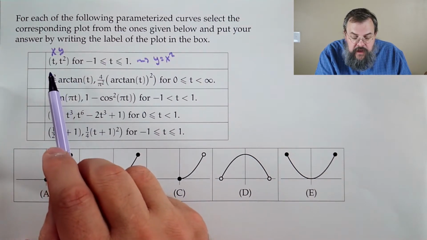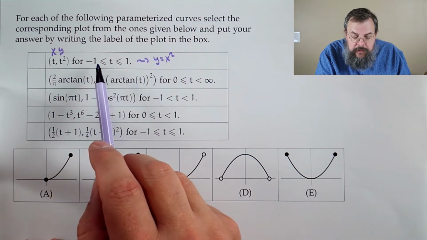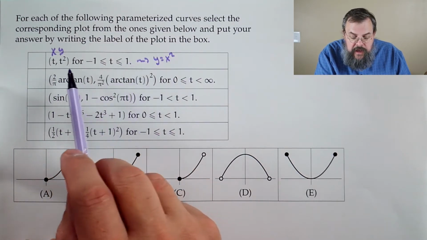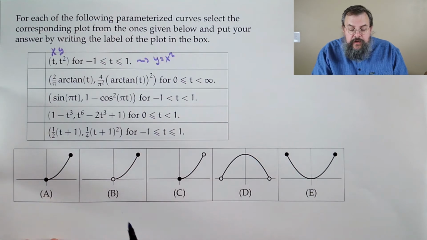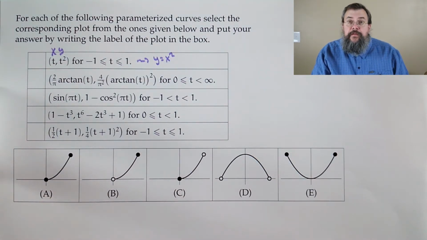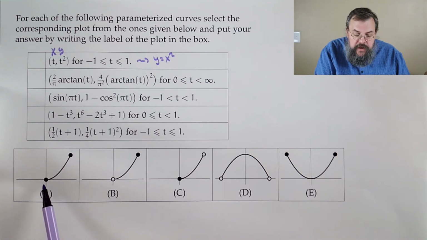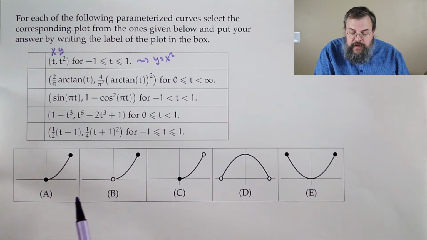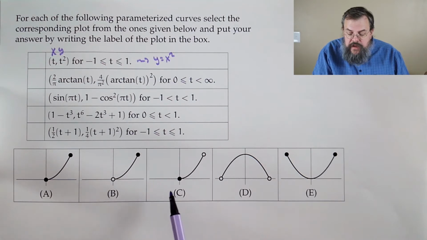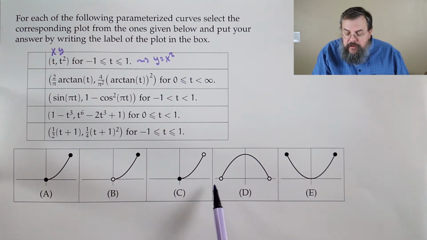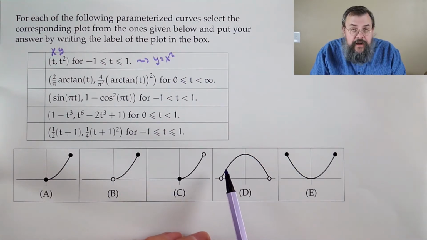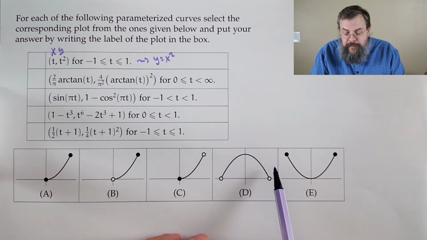But what else do we see? It says we're going from -1 to 1. That's where x goes from. So x goes from -1 to 1. Which one does that? Looking at the picture, there's only one of them that goes from -1 to 1. This one goes from 0 up to something, and this one also goes from 0 up to something. This one looks like it goes from -1 to 1, but it's not x squared, because it's upside down.